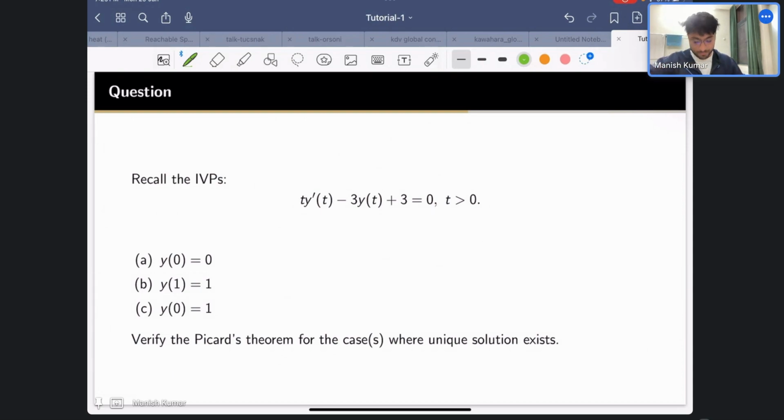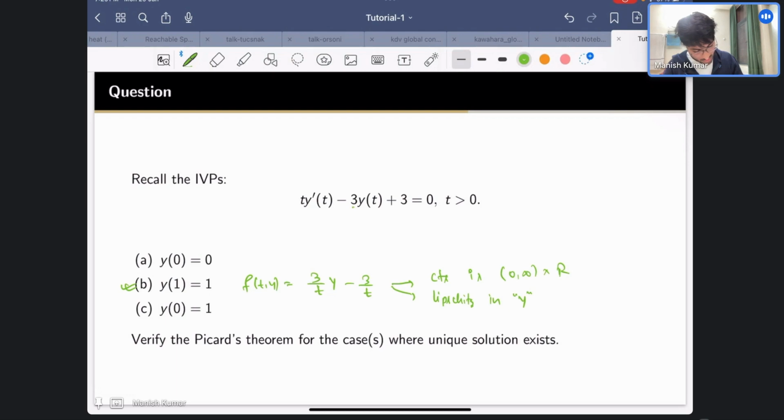So in this case I already mentioned that this function f of t comma y, which was given by 3 by t times y minus 3 by t, is continuous in 0 to infinity cross R, and it is Lipschitz in y over R. The y can belong to the whole domain R, because you see this is a linear function, so Lipschitz in y.